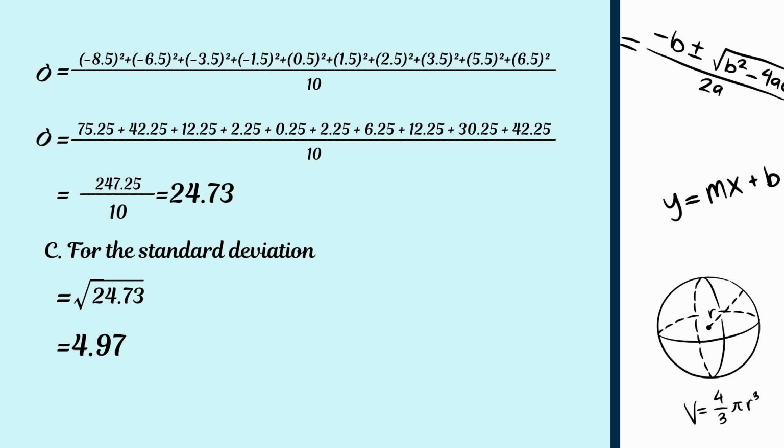So the standard deviation is 4.97. So we found that the mean is 18.5, the variance is 24.73, and the standard deviation is 4.97. These values help us understand how the test scores are distributed among the students.